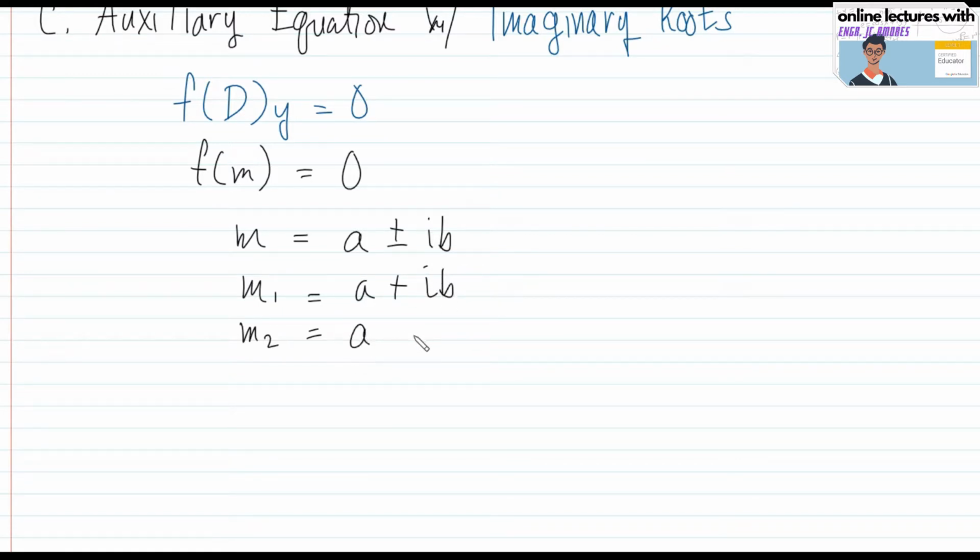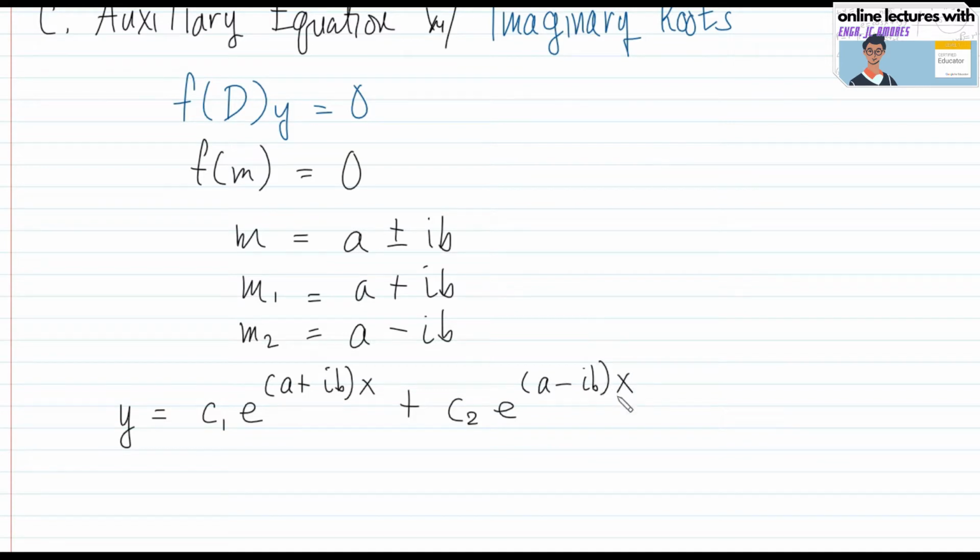And the second is a minus ib. So we have two roots, and therefore the solution would be c1 e raised to m1 x, where m1 is a plus ib, and then plus c2 e raised to a minus ib x.